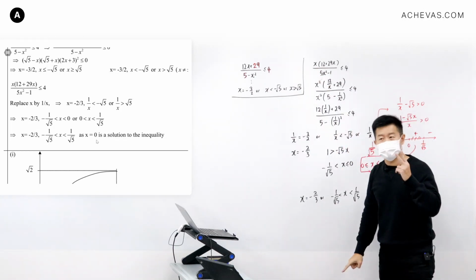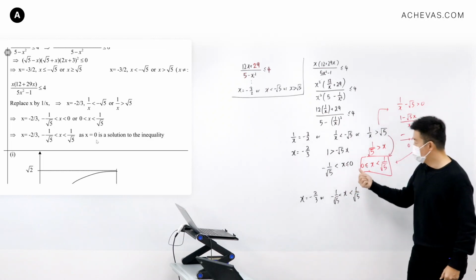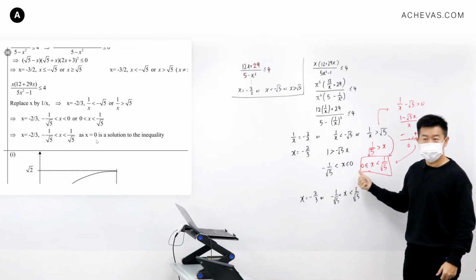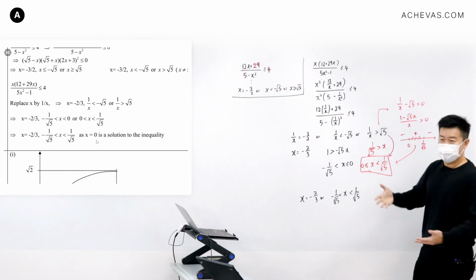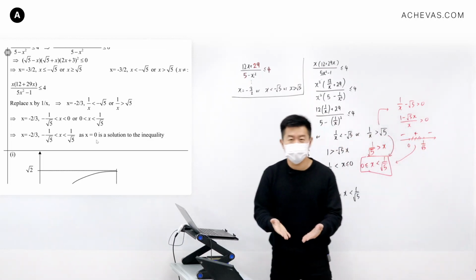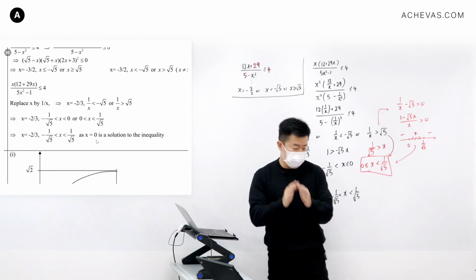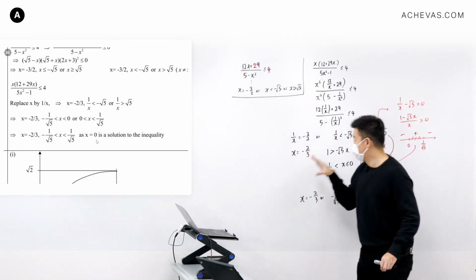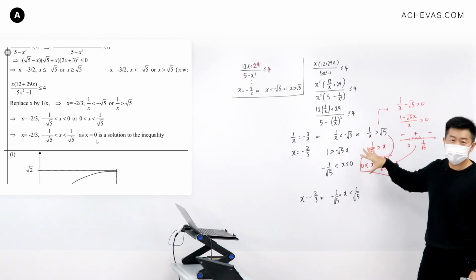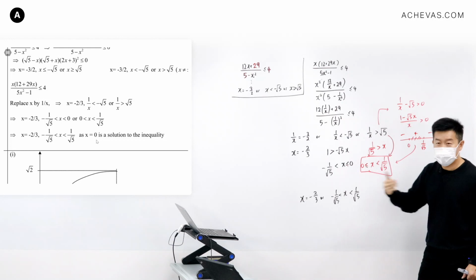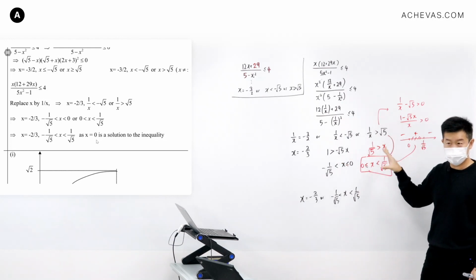The second point is, how do you even find this 0? How do you even know that this 0 is going to be part of my consideration? Let me show you the best way to understand finding this 0 in my process here.